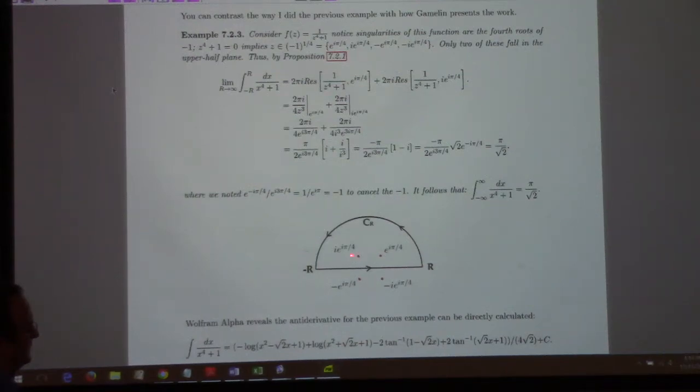I'm calculating the residue of that, and I think I used rule 4, which I didn't discuss with you guys. Sorry. But if you look at it, I'm just differentiating the denominator and plugging in the point. So it's a special case of the one I did talk about. There are your residues, and there it is, pi over root 2.